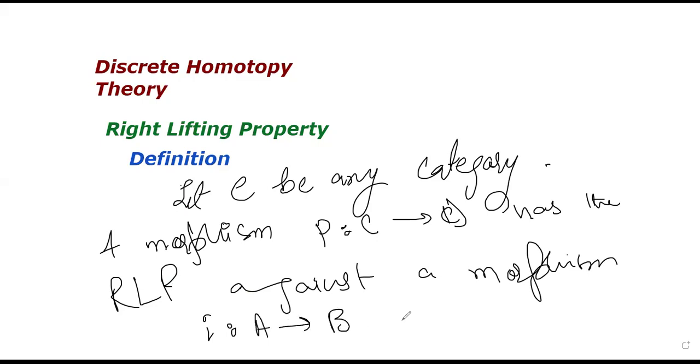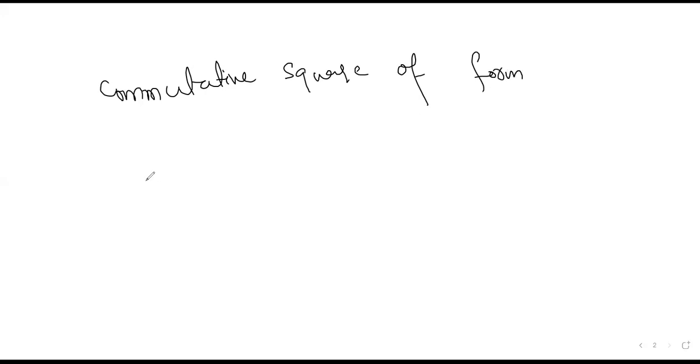if for every commutative square of the form. What type of square?